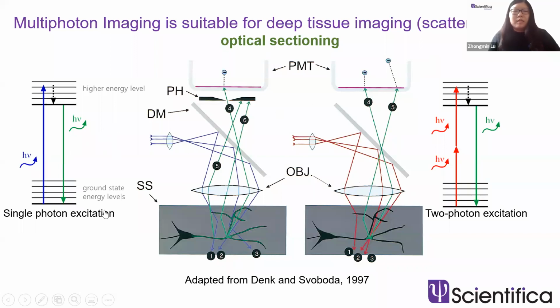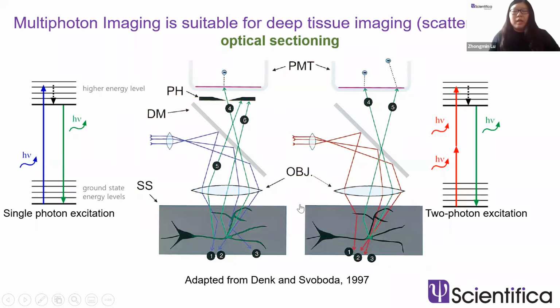In single photon excitation, on the left, it just uses one single photon to excite the electron from the ground state to a high energy state, and it relaxes from this state, then emits a photon. Because this is a linear process, the excitation is actually all over the place. That's why you have to have a pinhole in your confocal imaging system to arbitrarily reject out of focus fluorescence.